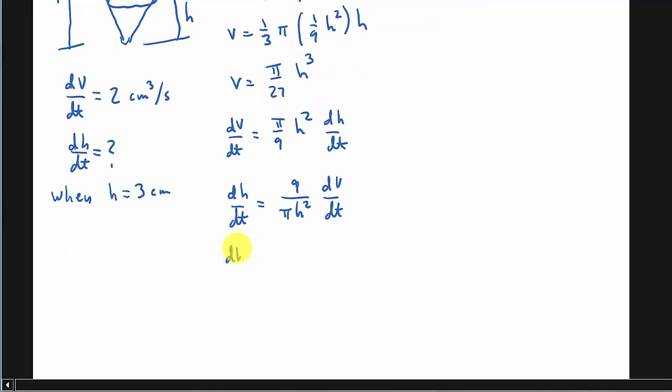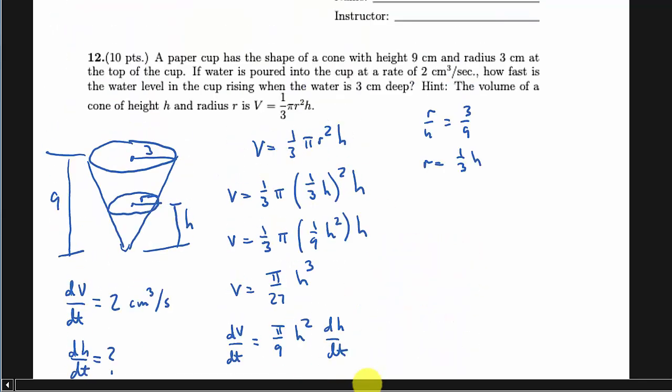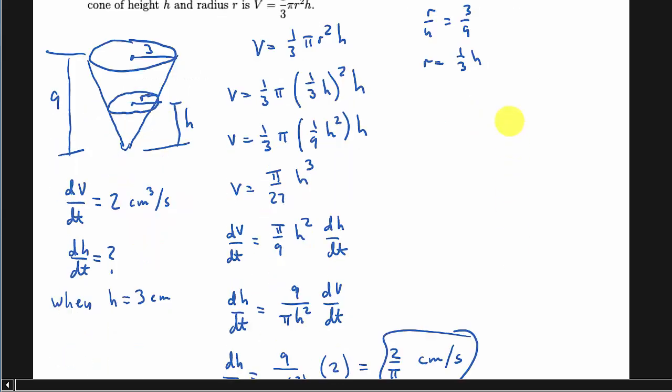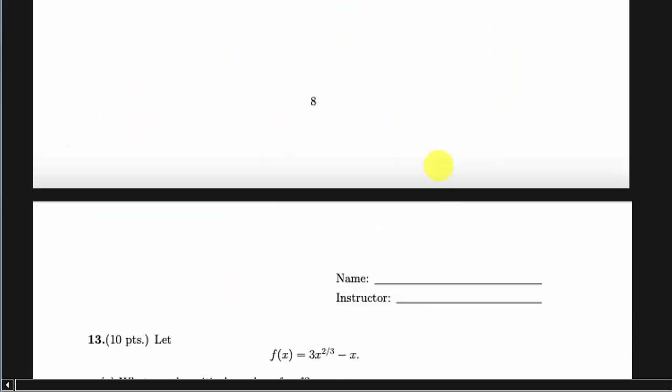So now I've got dh/dt is equal to 9 over pi times 3 squared, right? Plug the 3 in for h, and dV/dt is 2. And that's going to be 2 over pi centimeters per second. So we're in centimeters and seconds, and there's that answer.